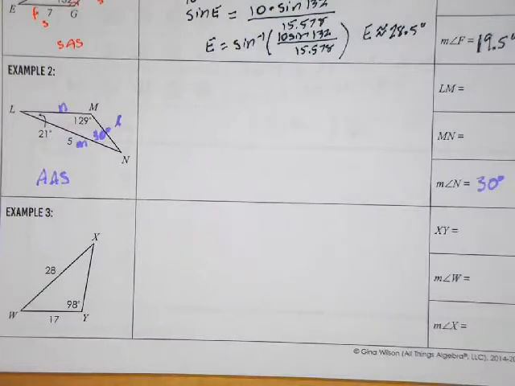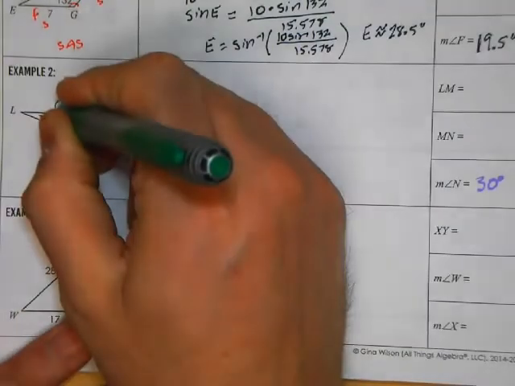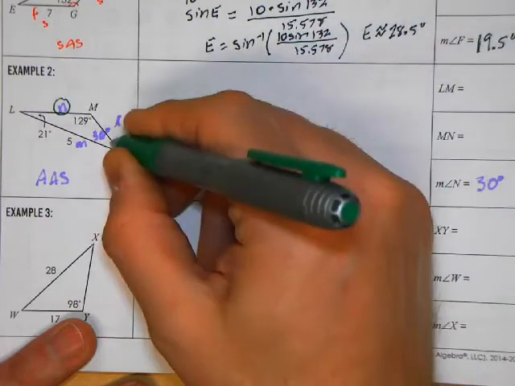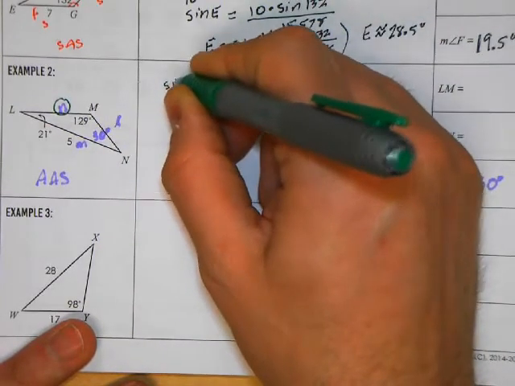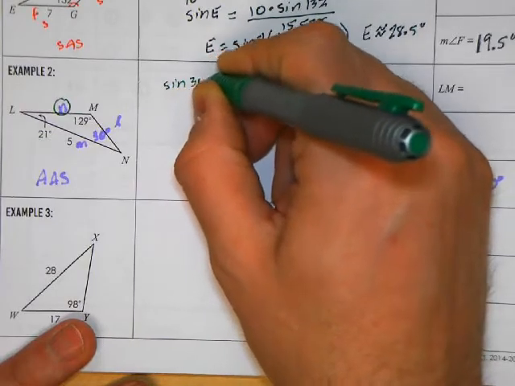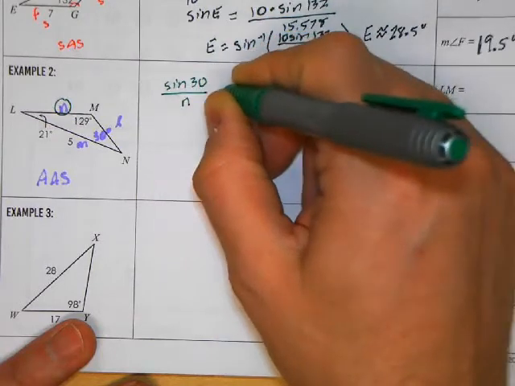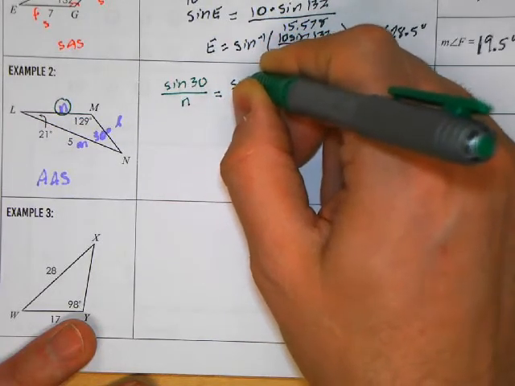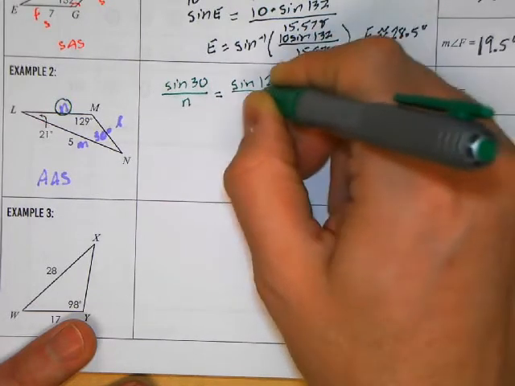All right, so let's figure out what we want to get first. Let's find segment LM, which I have here labeled as n. So I'm going to say the sine of 30 degrees over n, which we don't know, that's what we're looking for, is equal to the sine of the given angle 129 over the given side length of 5.